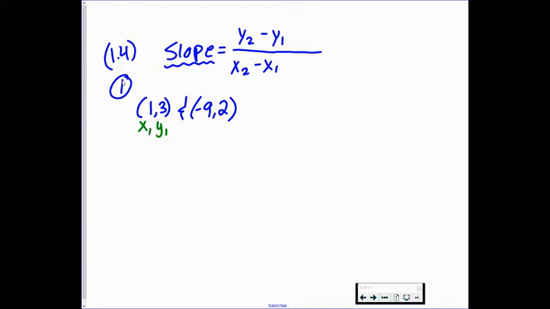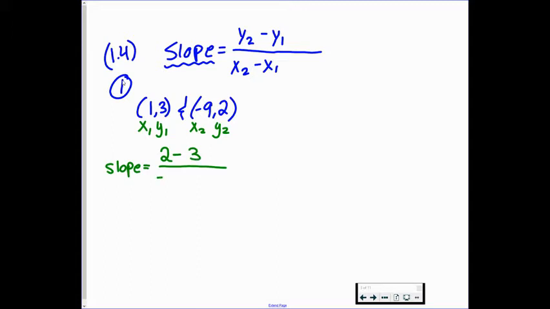x1 and y1 is what I'm going to label first. And it's just x and y, which one comes first, which one comes second. Now that I've labeled them, I'm going to plug them into the slope formula. In the numerator, y2 is 2 minus y1 is 3.